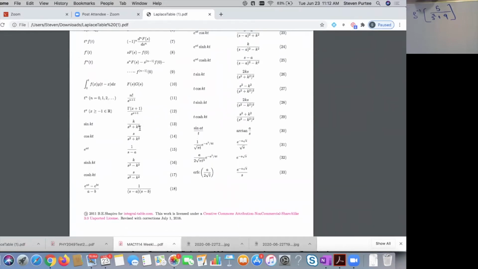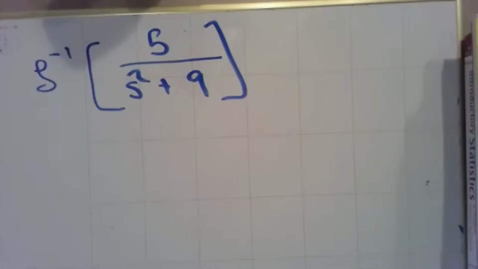I've got an s squared plus something, and then just a number on top, no s on top. Okay, but in order to match this, the square root of what's here must be exactly the same as what's here. So I've got a 9 down here. My k is 3. I need to have a 3 on top. So I'm going to put a 3 on top.